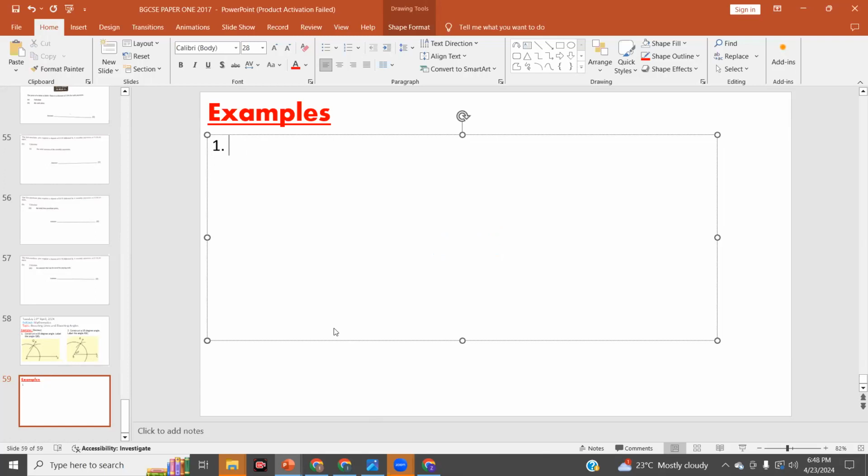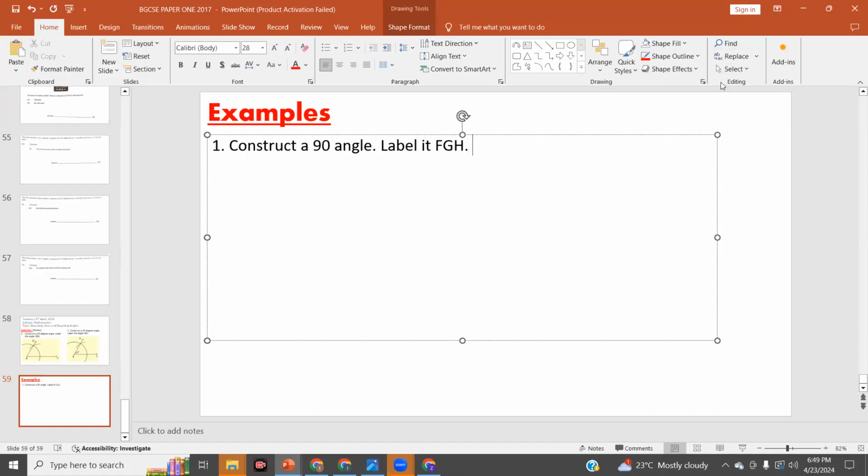Okay, good. Now we're going to move on to the next one. Here we're going to construct. This is going to be interesting. We're going to construct a 90-degree angle and label it FGH.